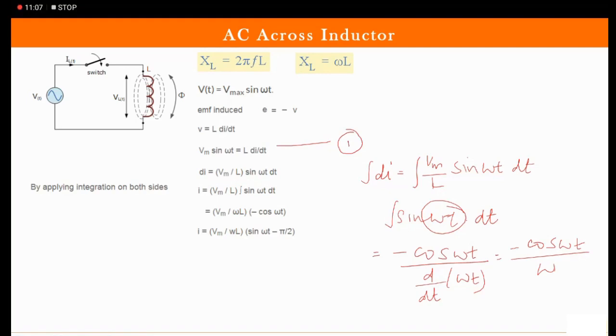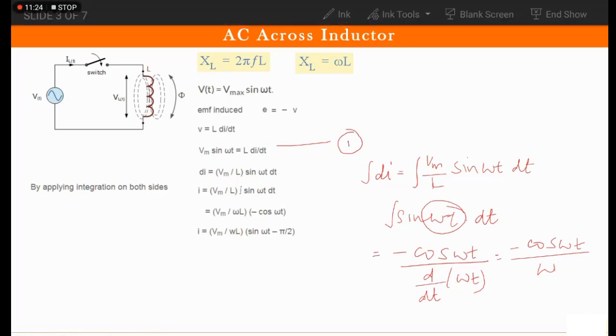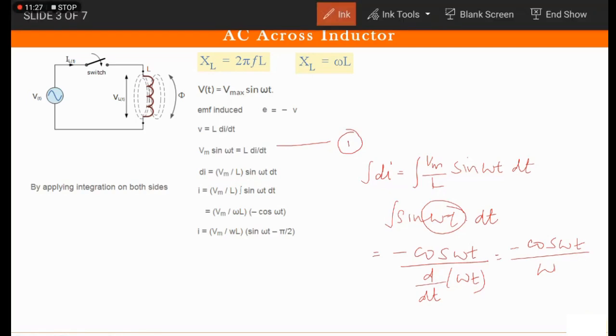Since I have minus cos omega t, if it was plus cos omega t, then my equation would have been sin of omega t plus pi by 2. Since it is minus cos omega t, I got the equation to be sin of omega t minus pi by 2. See, it is like this.